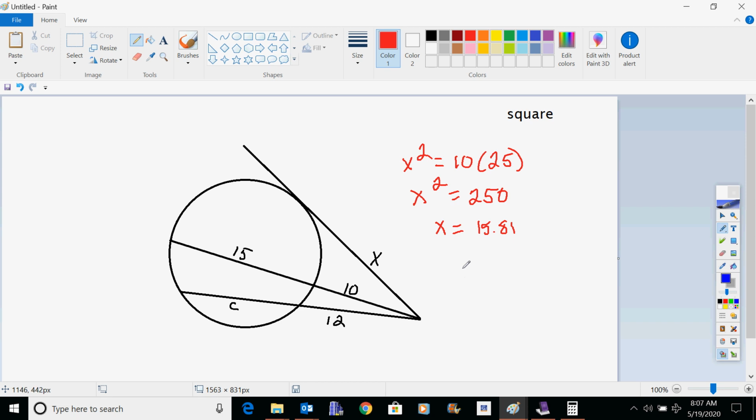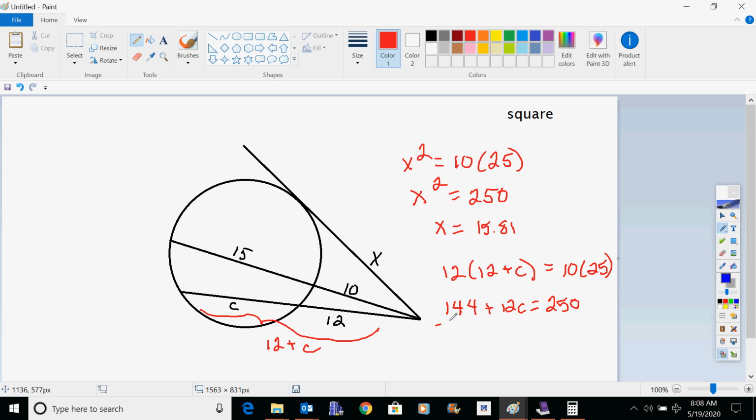And our c, once again, you have to take the 12 and the 12 plus c. So 12 times 12 plus c equals 10 times 25. So I have 250 equals 144 plus 12c.